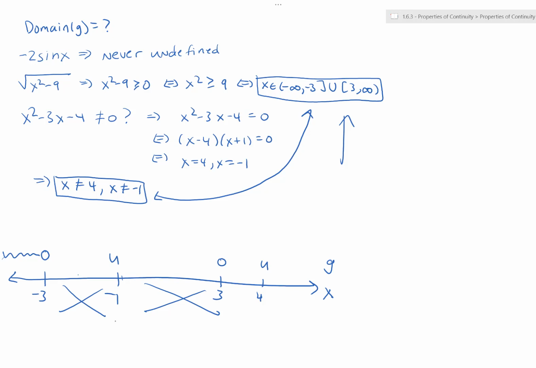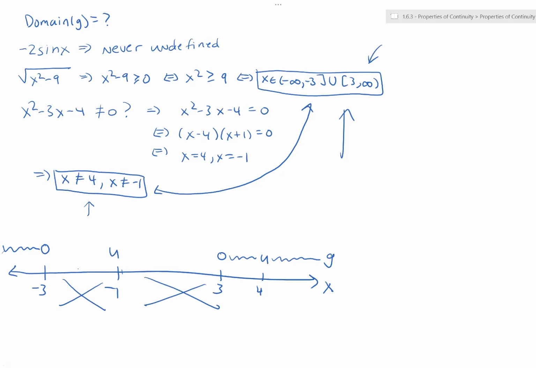And then we say, okay, well, starting at 3, things start to get nice again, right? So between 3 and 4, we're all good. Can't be equal to 4 because of that restriction right there, but we can be equal to anything after 4.